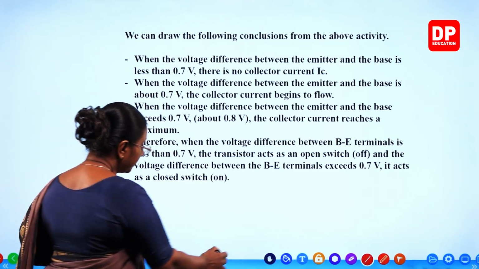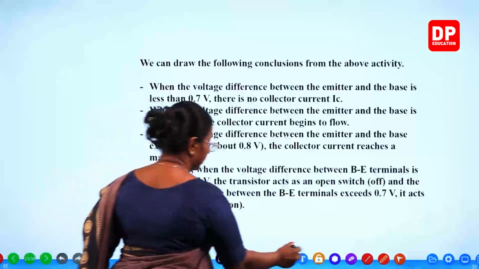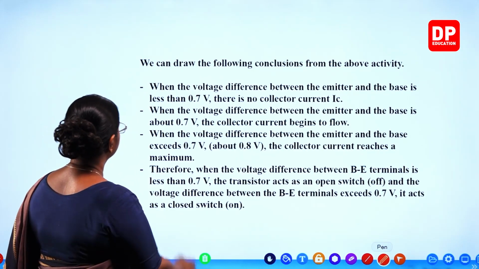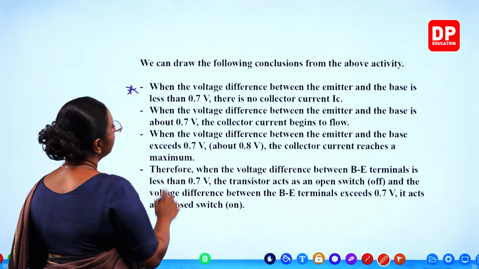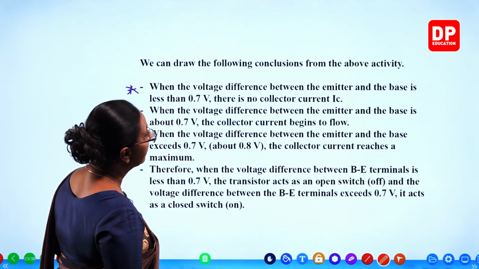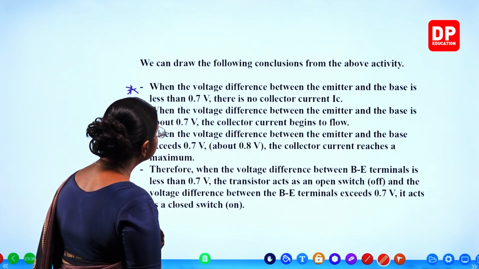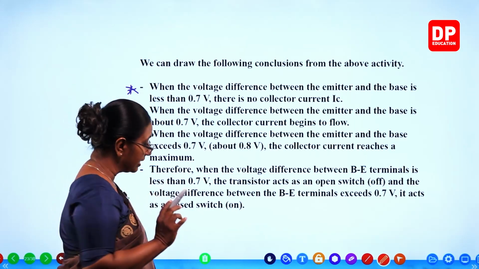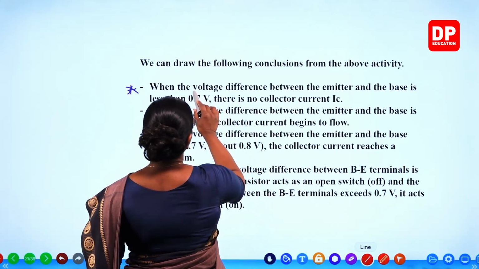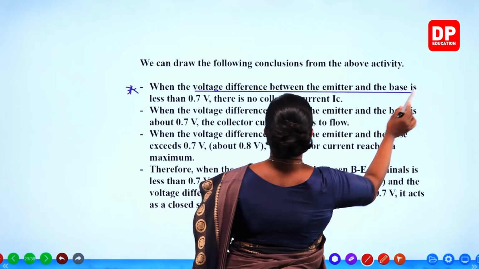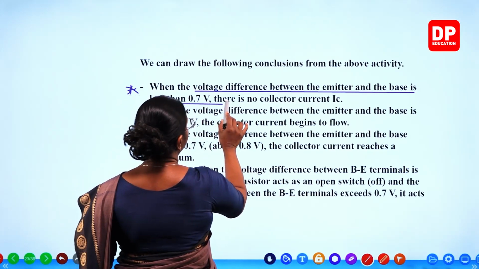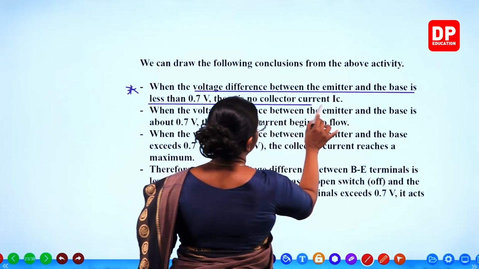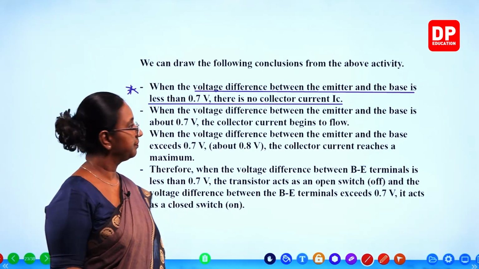Now here, we can draw the following conclusions from the above activity. The first one you can see, when the voltage difference between the emitter and the base is less than 0.7, because we connect the voltmeter between the emitter and the base, there is no collector current IC.